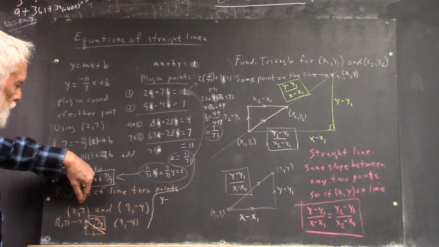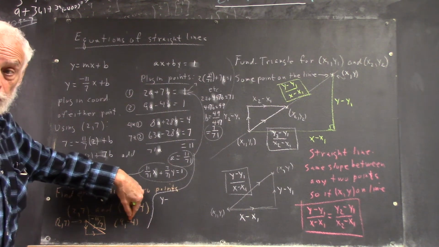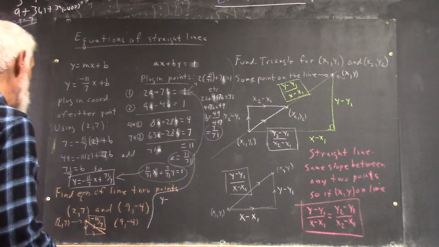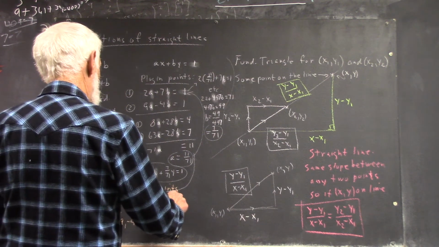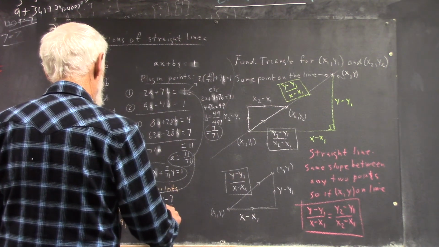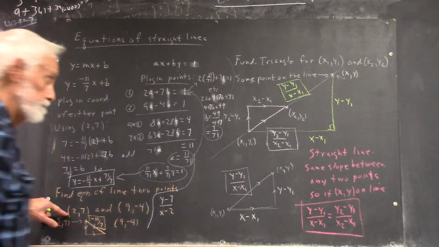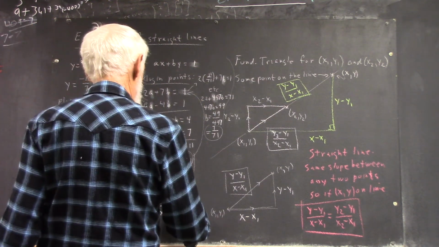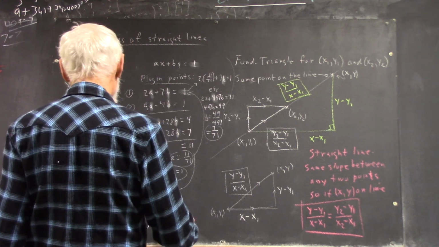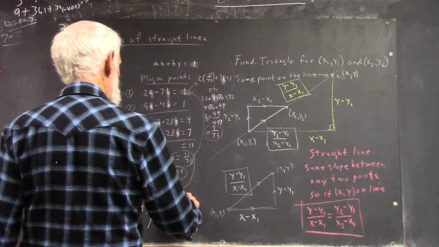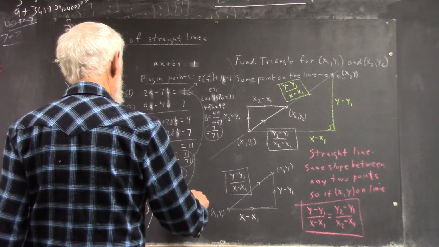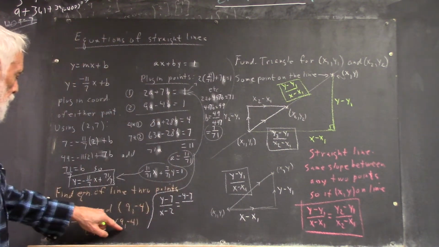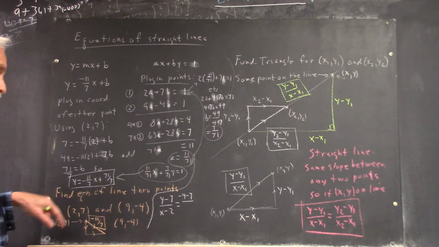Here's my x1, y1, here's my x2, y2, right? So we get y minus y1, which is y minus 7, over x minus 2, okay? And that equals y2 minus y1, which is negative 4 minus 7, divided by x2 minus x1, 9 minus 2.